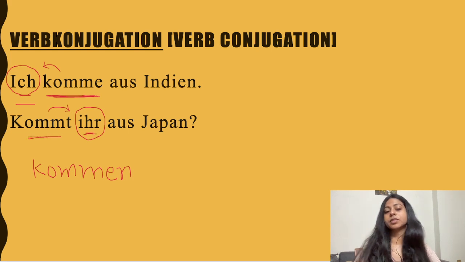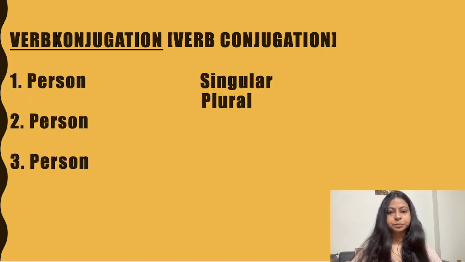So we have discussed this in detail. The verb conjugation, what is the ending when we conjugate the verb with ich, what is the ending when we conjugate the verb with ihr. So you could go and watch that video in detail. Now, conjugation of the verb depends on two most important things that we have also covered in our previous video.